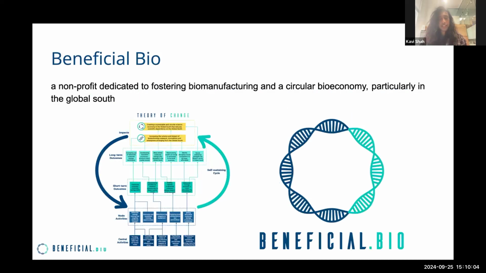Just to start off with, I'll give you a bit of background about Beneficial Bio. I'm sure many of you might have heard of it before, but for those who don't know, Beneficial Bio is a non-profit dedicated to fostering biomanufacturing and a circular bioeconomy, particularly in the Global South. It was set up by Jenny Malloy, and the goal is to help labs around the world secure reagents quickly and economically.